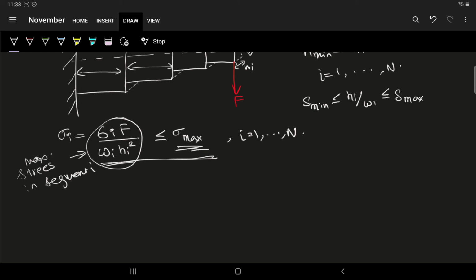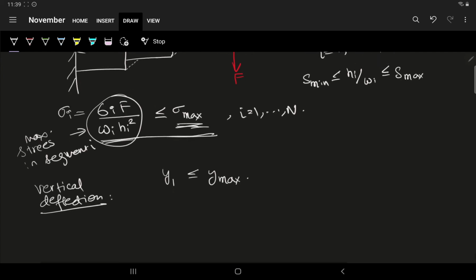So the vertical deflection y1 should be lesser than a maximum value. To find this y1, we have to find the vertical deflection at the end of the beam.